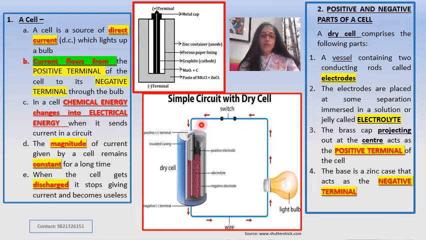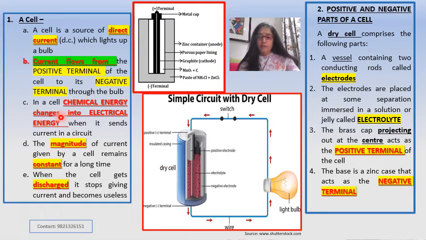The switch is on, from the positive to the negative, into the circuit, into the bulb, lights it up, out from here. The circuit is complete, it travels this way and comes back into the positive terminal. So this positive terminal is where the positive electrode is. The negative terminal is where the negative electrode of the cell is. And this is a dry cell.